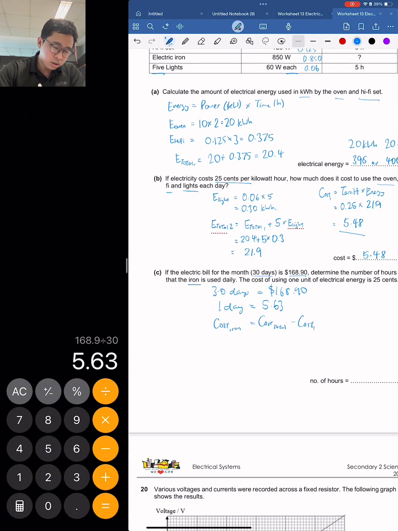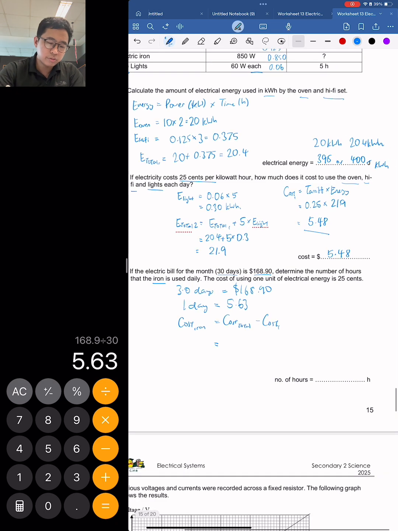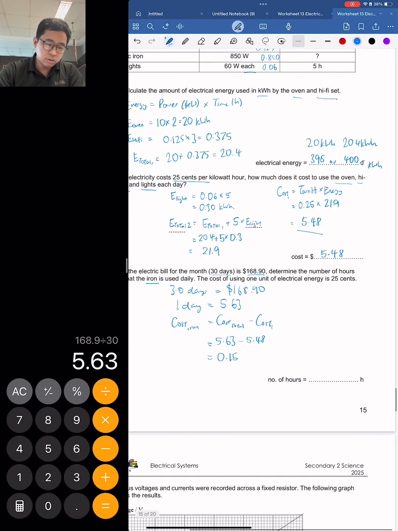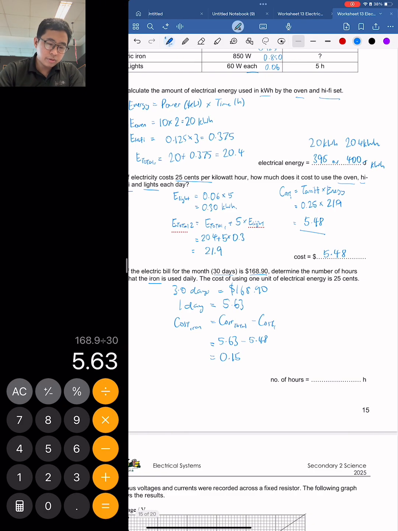Okay, because we didn't calculate the cost of the iron just now. So 5.63 minus 5.48 equals 0.15 cents. All right, so 0.15 cents.